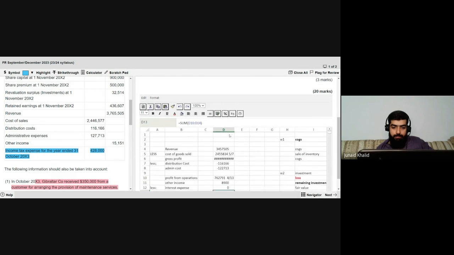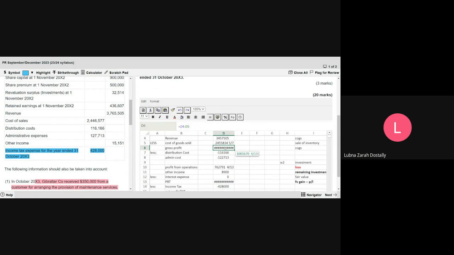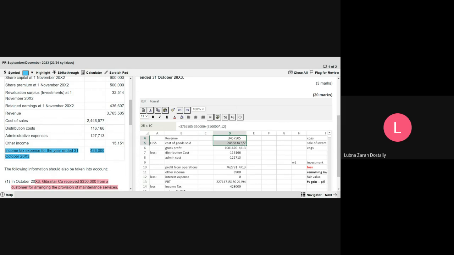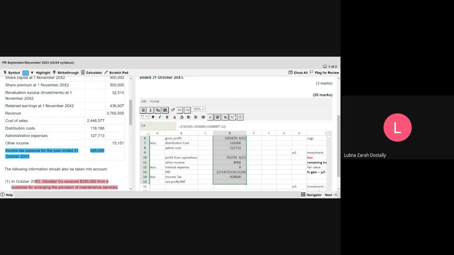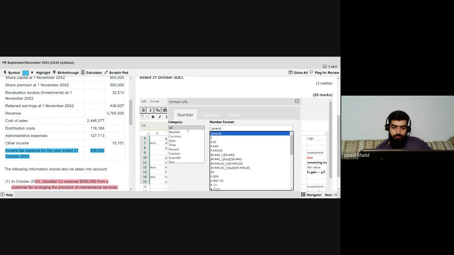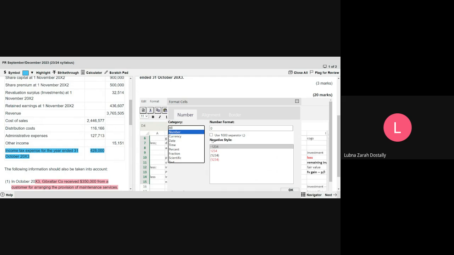But first, what happened over here? Just try to enlarge the column of D. Sorry, just try to enlarge the column of D. No, I just tried it, but I don't know what I did. I think maybe this number.